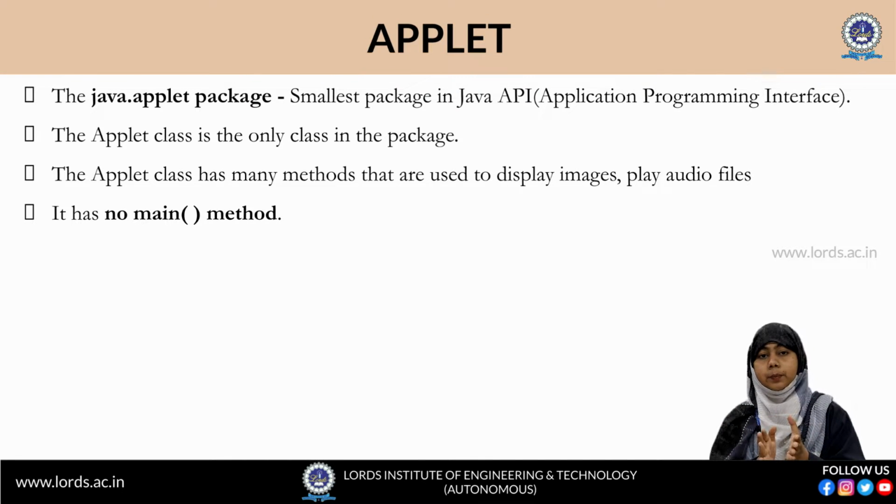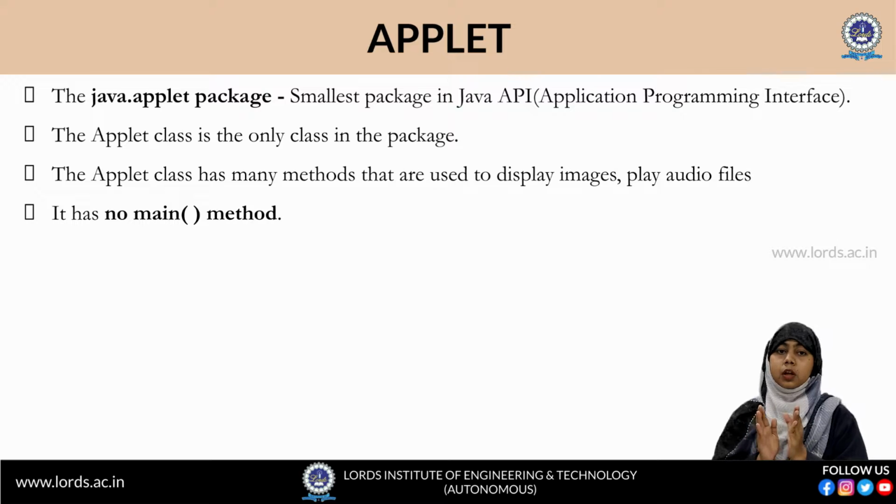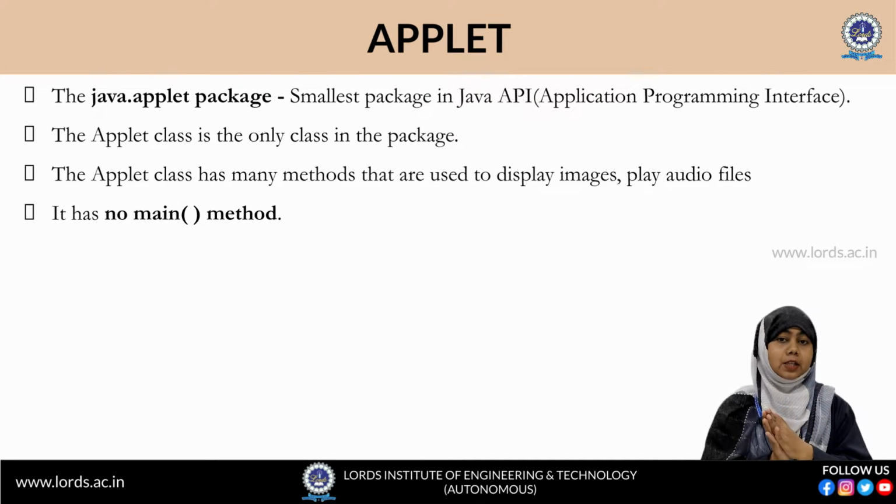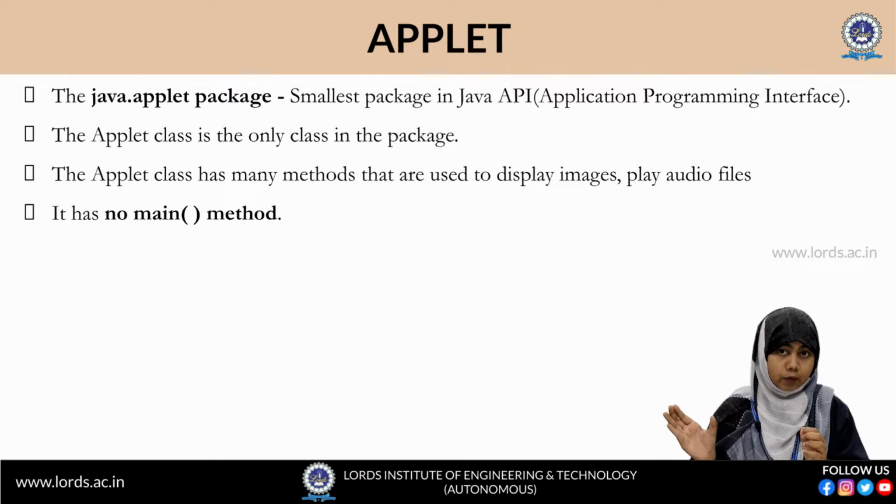Once again I'll repeat, so that you don't get confused. Applet is the smallest package in Java, which contains only one class. The name of the class itself is applet. Using that applet class, you can write a small program.